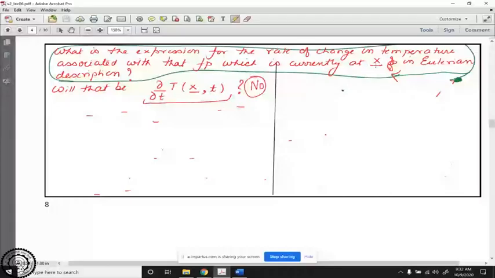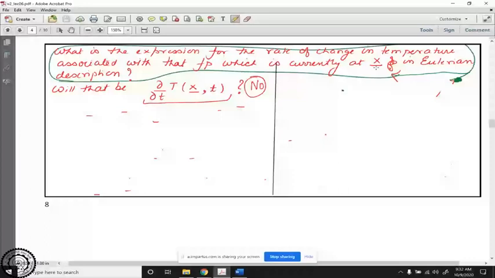What is independent is x. So you can ask, whichever fluid particle is at x. I put my finger at a point in the flow domain, and I say, wherever my finger is, give me the rate of change of temperature if I now start following that fluid particle, which is currently at x.